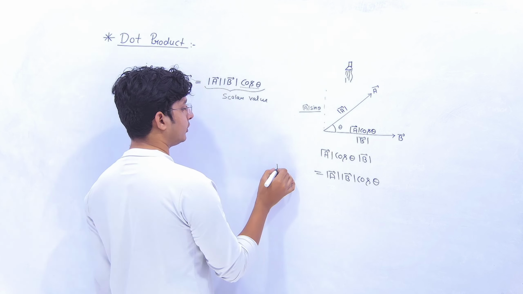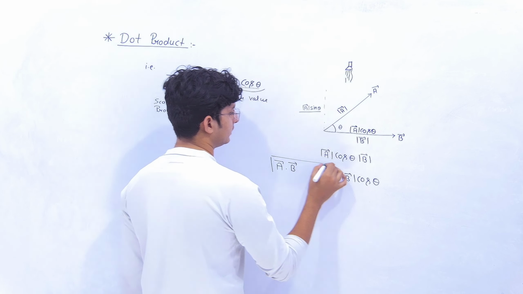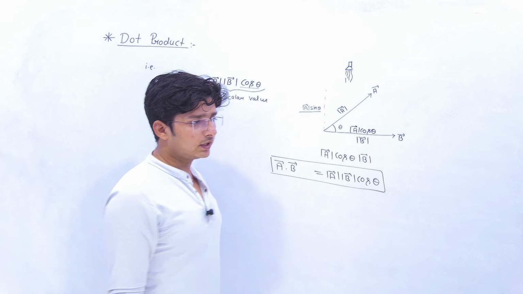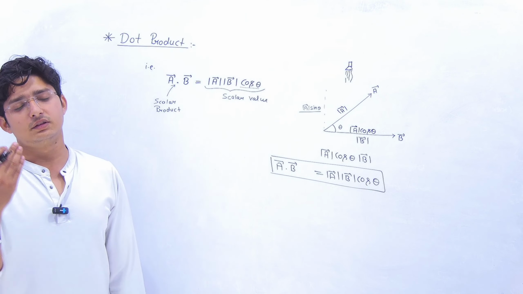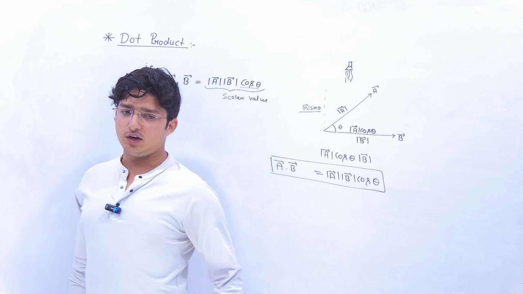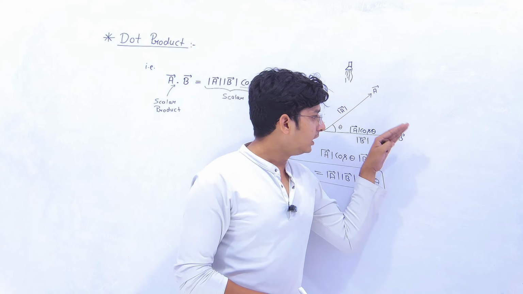That is called the dot product, a vector dot b vector. So we can say that the dot product is nothing but the projection of a vector along the second vector, or the shadow of a vector along the second vector, or the component of a vector along the second vector.